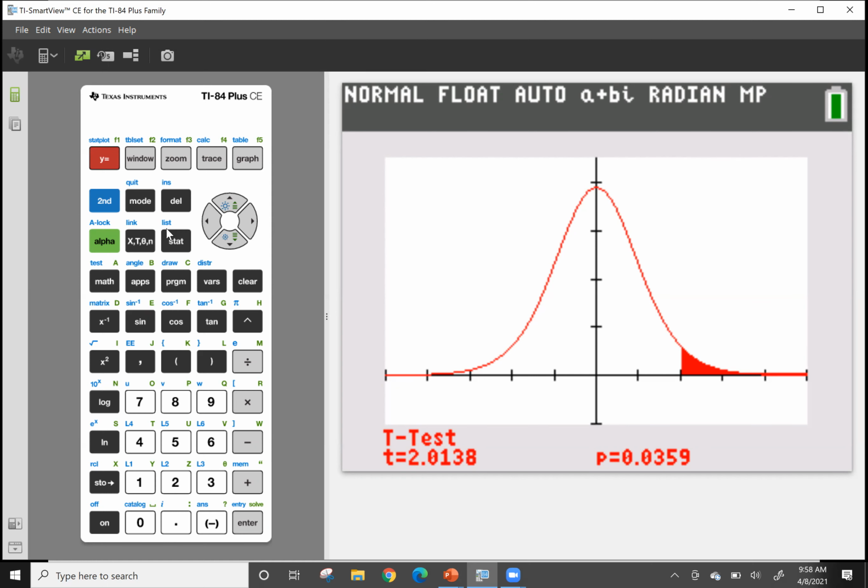So the p-value is the probability that I get a value as extreme as the one I got from my sample. So the probability is pretty small. It's less than alpha. So if the p is low, I reject the null hypothesis, that the mean is less than or equal to 1.